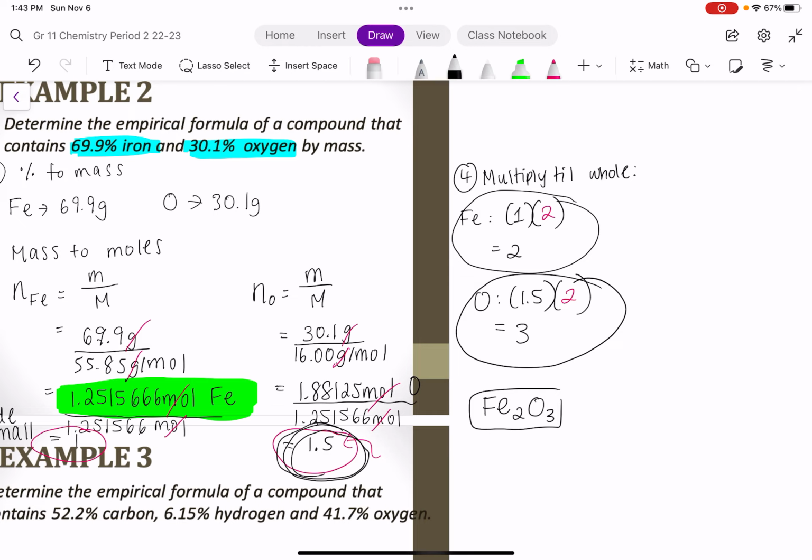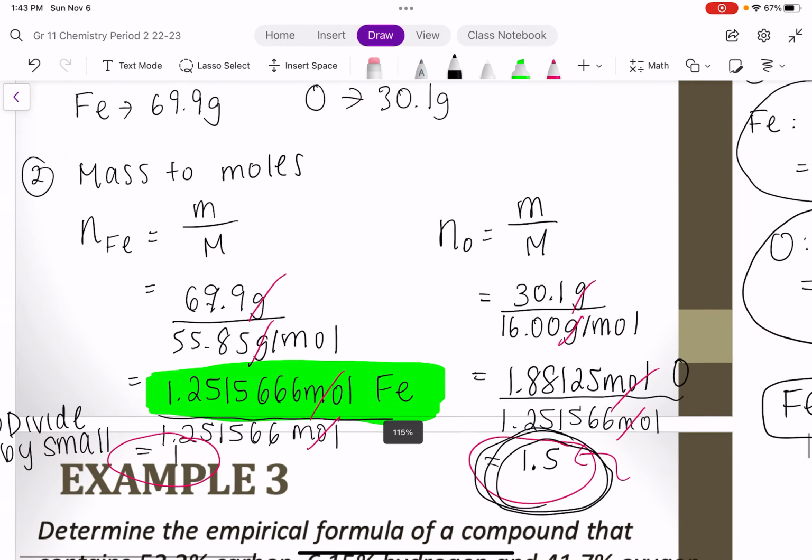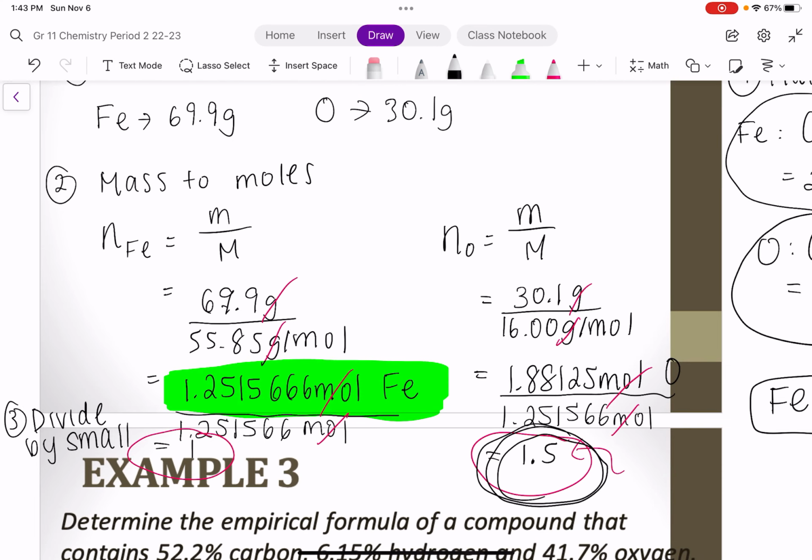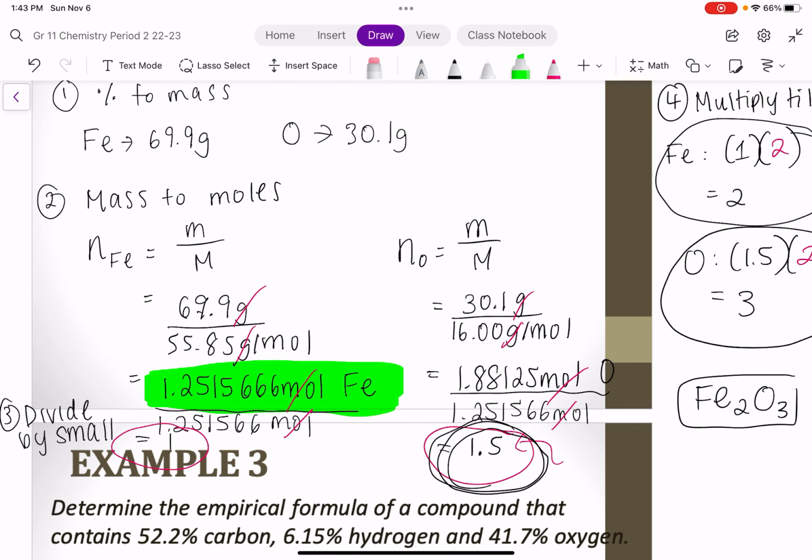So again, when you divide by small, in this case we got 1.2515 divided by itself, which is 1. But when you do that for oxygen, we ended up with a number that is not close to any whole number.